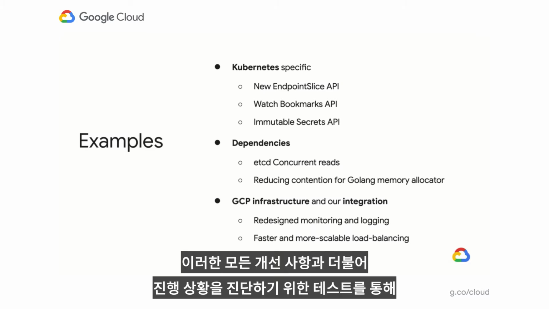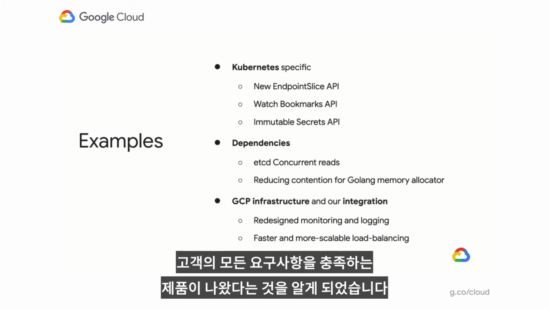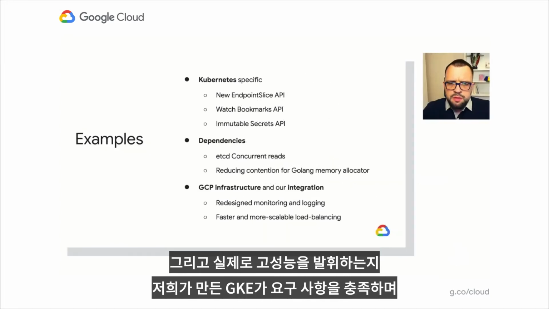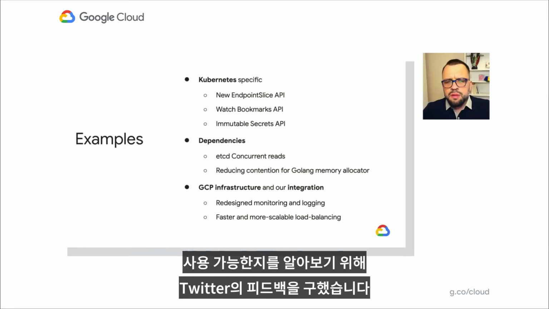With all of these improvements implemented and our tests to diagnose how it goes, as we realized that we built a product that we believe already meets the needs of our customers, we went back to Twitter to get their feedback whether indeed the high-performance build of GKE that we created meets their needs and will be usable for them.